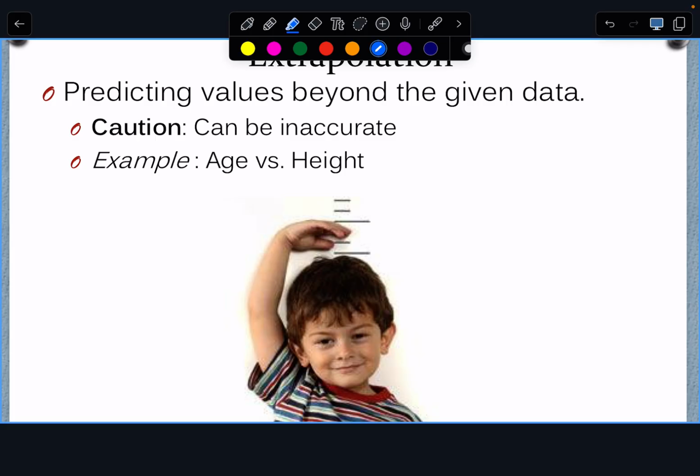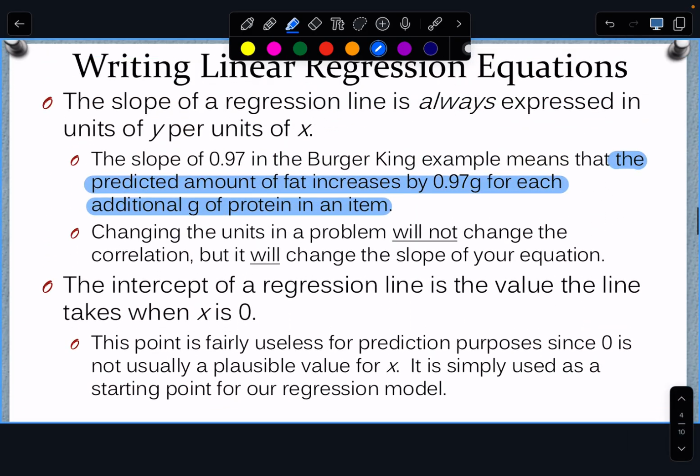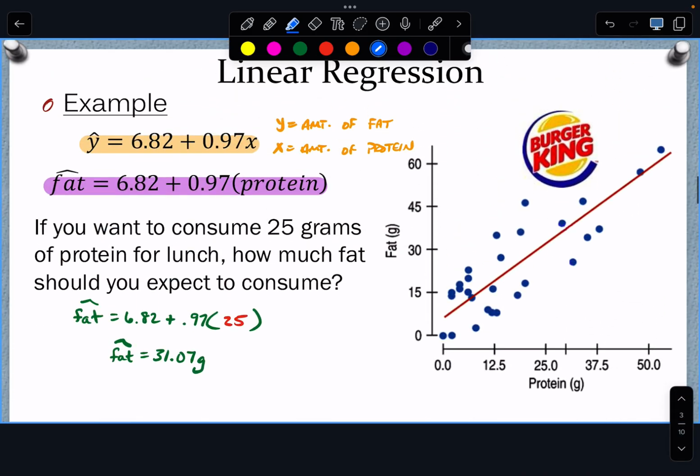So even in our Burger King example, if I go back to that for a second, based on what we collected, I know what typically happens for any menu item that has between 0 and 50 grams of protein. But if they ask me to predict what amount of fat would be in an item if there were 60 grams of protein, we don't know what would happen there.